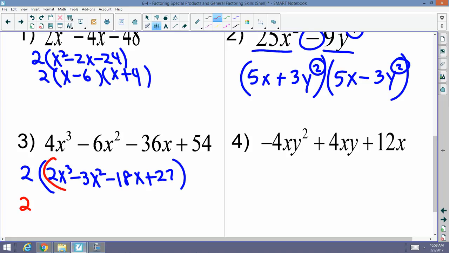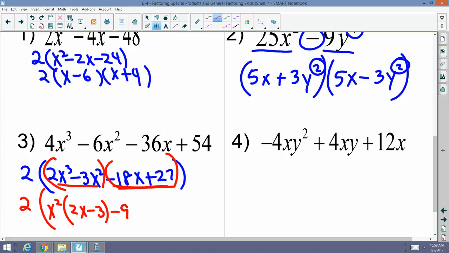What can I take out of here? An x squared. Very good. And I'm left with 2x minus 3. What do I got to take out of here to make it look like 2x minus 3? A negative 9. Yes. And that's going to be 2x minus 3.